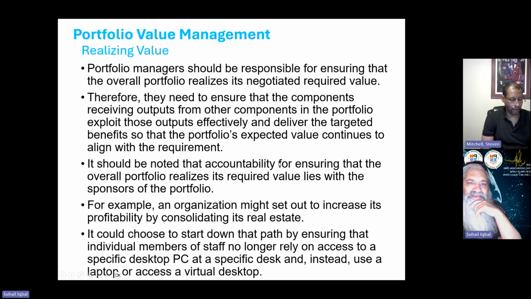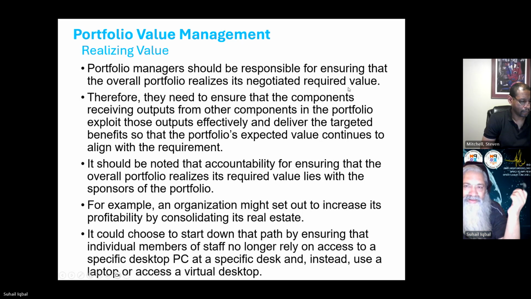Okay, realizing value. Portfolio managers should be responsible for ensuring that the overall portfolio realizes its negotiated required value. Very important. Whatever was decided, negotiated, agreed, right?